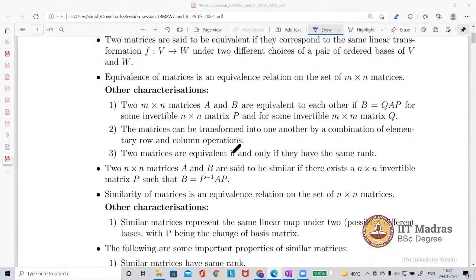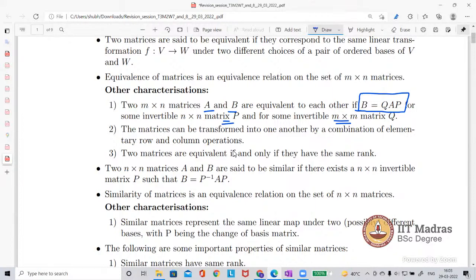Two matrices A and B are equivalent if this property holds: B equals Q multiplied with A and P, as matrix multiplication, where Q is an invertible square matrix of order m, and P is a square matrix of order n, which is also an invertible matrix.